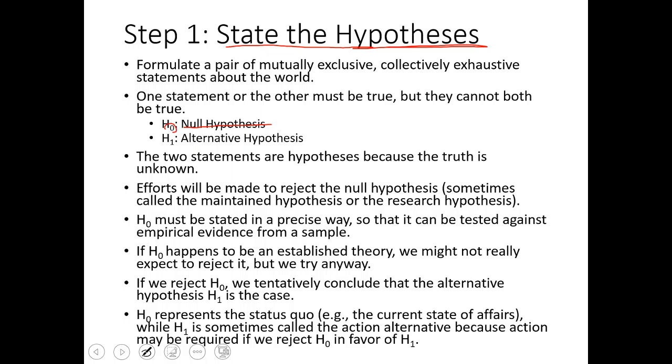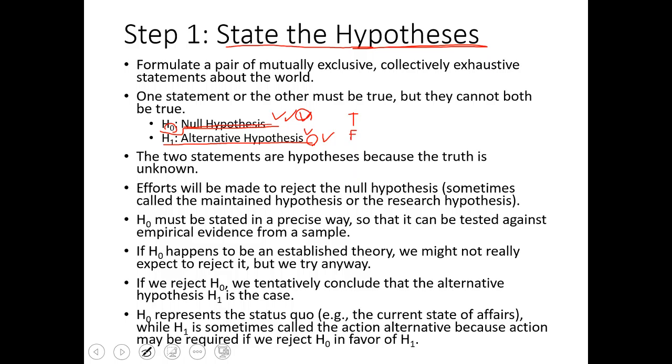And if you define the null hypothesis, then you can define the alternative hypothesis. So a null hypothesis should have an alternative hypothesis. If this null hypothesis is true, then this alternative hypothesis should be false. And if the null hypothesis is false, then the alternative hypothesis should be true.